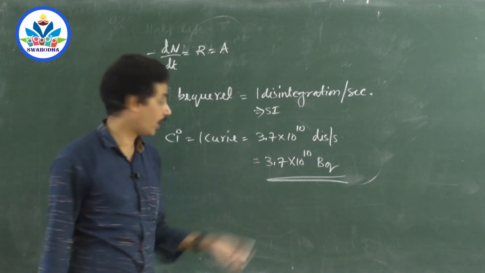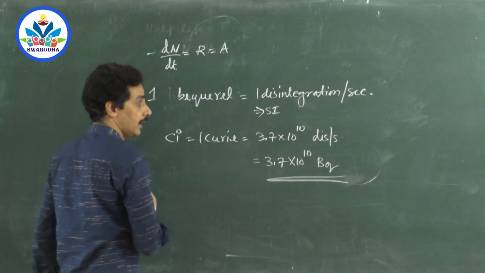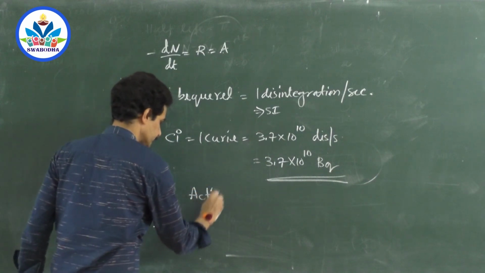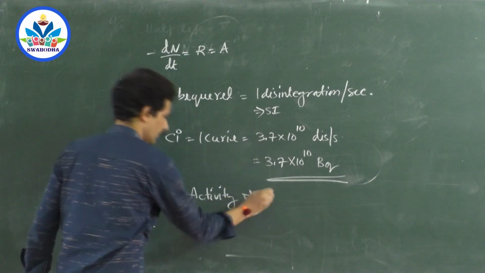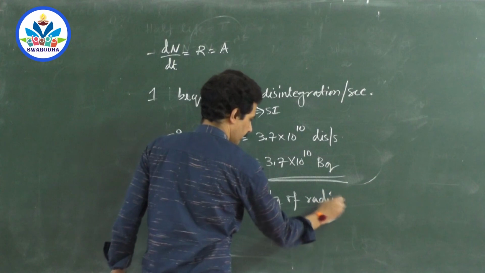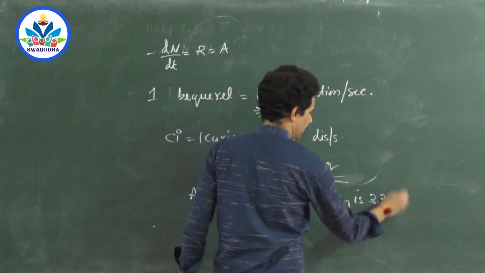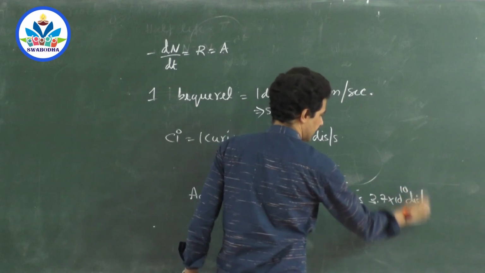Sir, why this odd number? It is the activity of 1 gram of radium, which is 3.7 into 10 to the power 10 disintegrations per second.